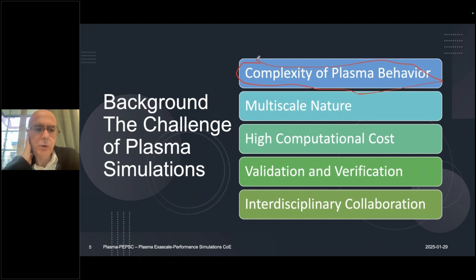Also, we need to go to the most detailed description of the plasma itself. At a very high level, you can think of the plasma as a fluid, and this works in some cases, but for the problems that we want to solve in Plasma-PEPSC, this is a very raw and crude approximation.